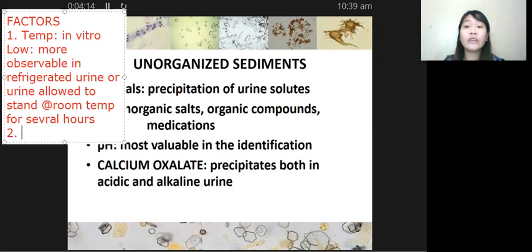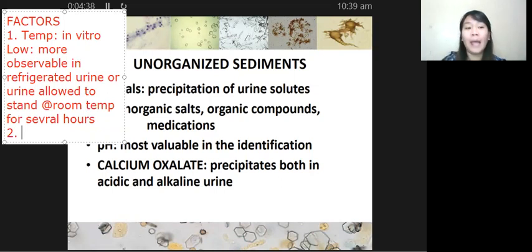Okay? Kasi one of the reasons why refrigerated urine sample is not the recommended sample is because of the fact that it will promote the precipitation of your amorphous and your crystalline materials. Balikan lang natin yung introduction na diniscuss natin when it comes to your microscopic analysis.